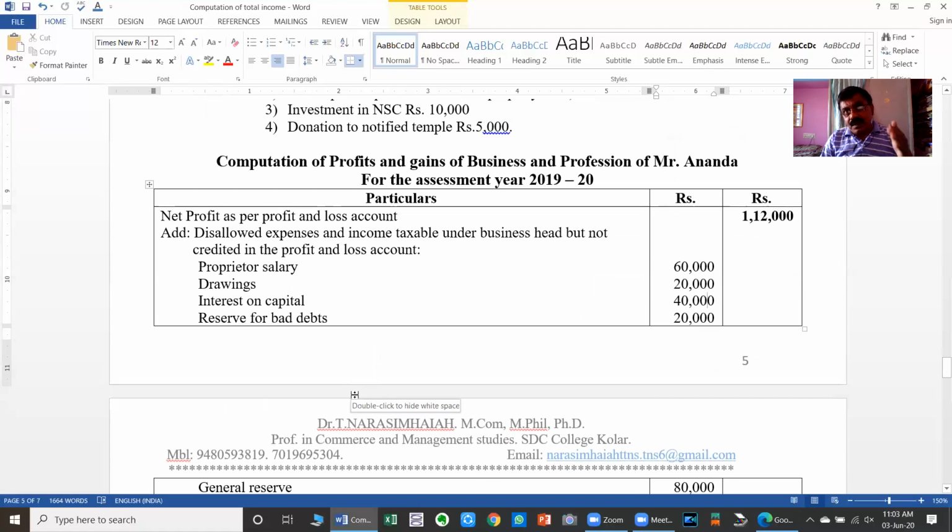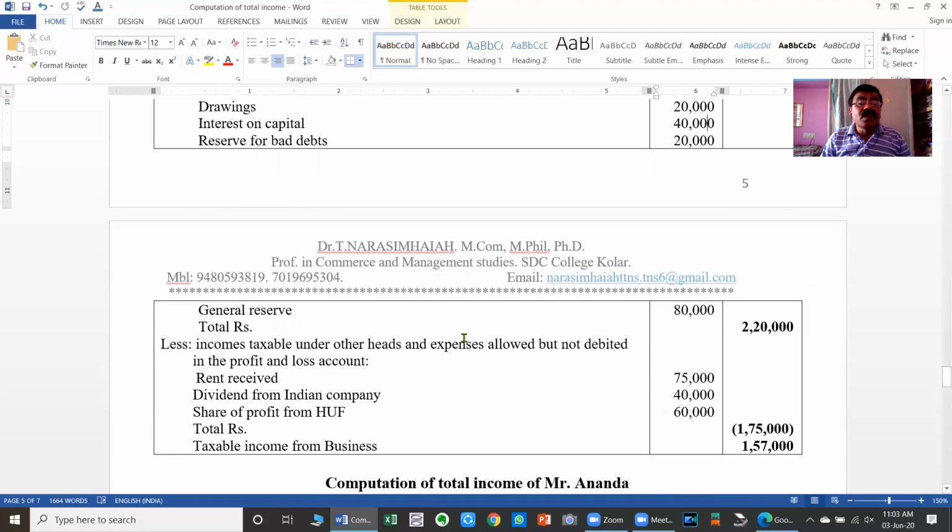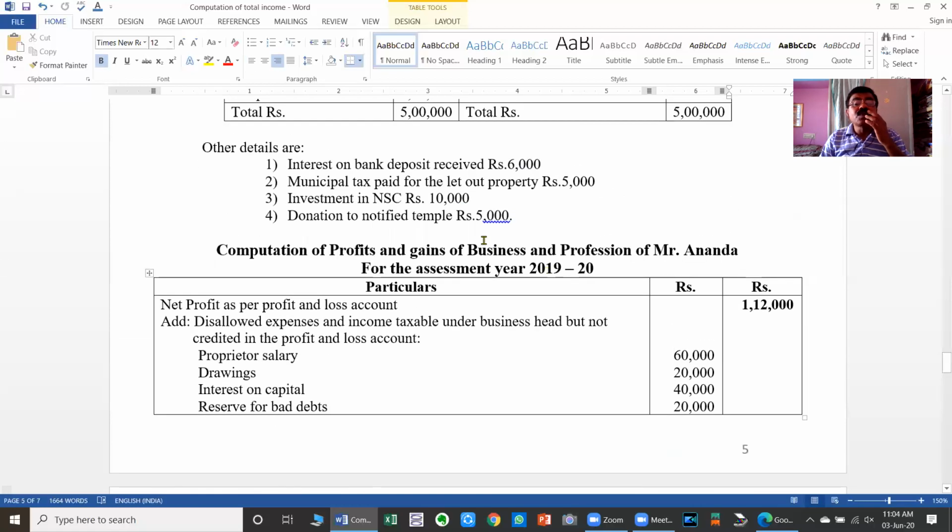Even reserves for taxes are not allowed, provided the taxes were not paid before the date of submission of IT returns. Therefore, reserve for VAT 20,000 is disallowed, and transfer to reserves and surplus 80,000 is also disallowed. Therefore, total disallowed expenses are rupees 2,20,000. There are no incomes given in the adjustments which are related to the business.